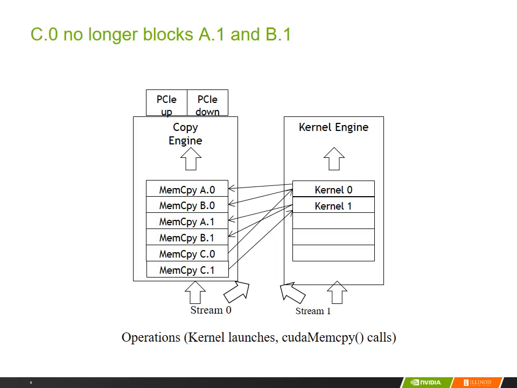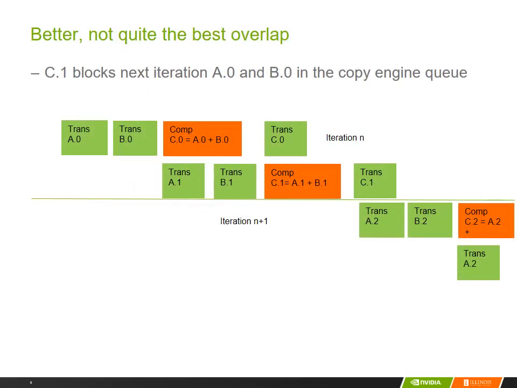Now with this order in the copy engine queue, we have the following timing diagram. We see that A1 and B1 can now go into the copy engine while the kernel for calculating C0 in stream 0 is underway.